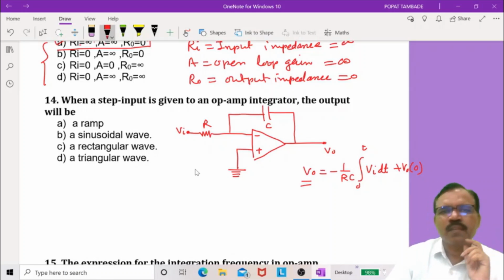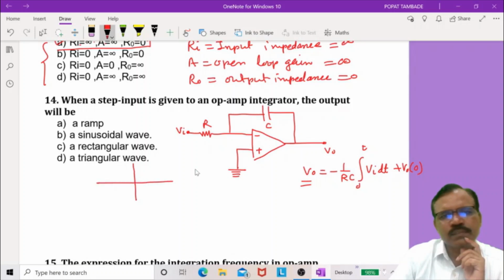Now suppose we take a graph here. Here Vi and here time, and then we will take output versus time, V0.